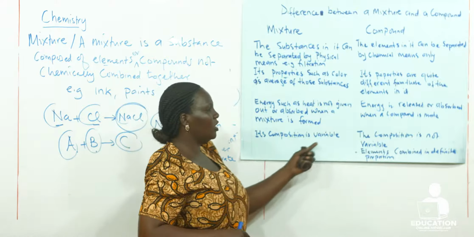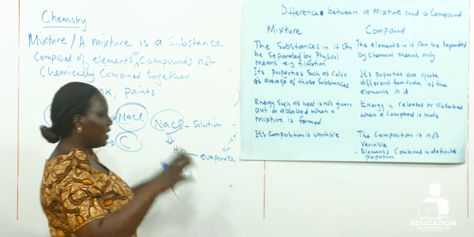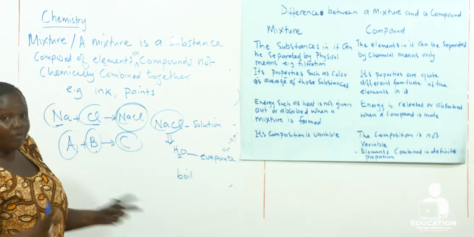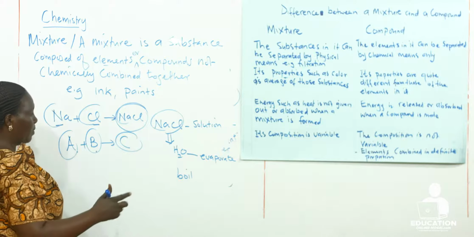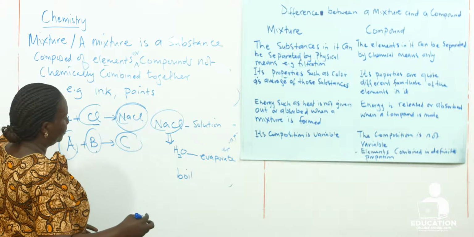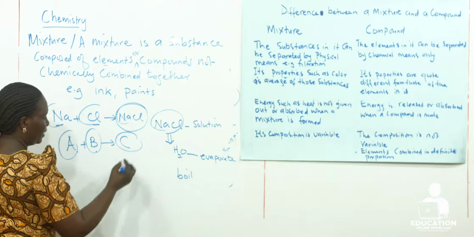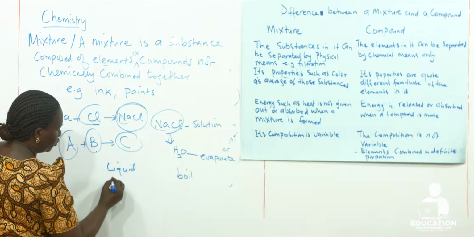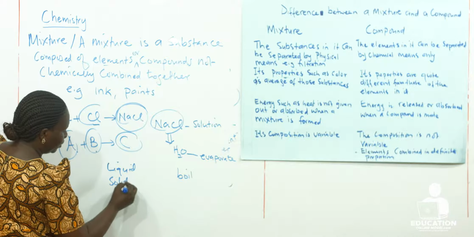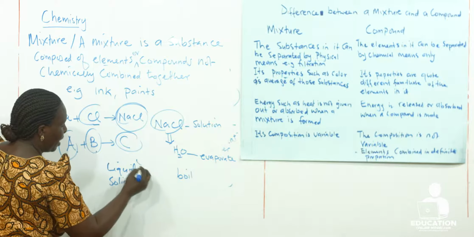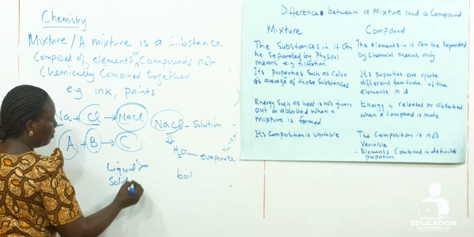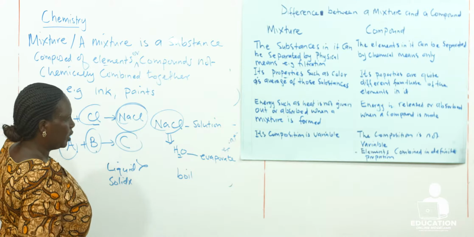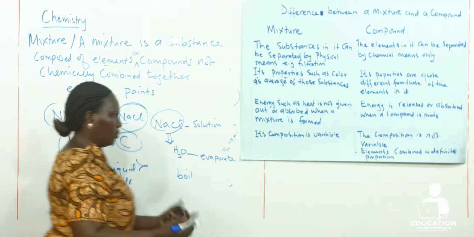Fourthly, the composition of a mixture is variable. That is, the amount of the components that gives us a mixture can be different. For example, if we have a mixture made up of liquid and solid materials, we will not have the same amount of liquid mixed with the same amount of solid. It could be different amounts.